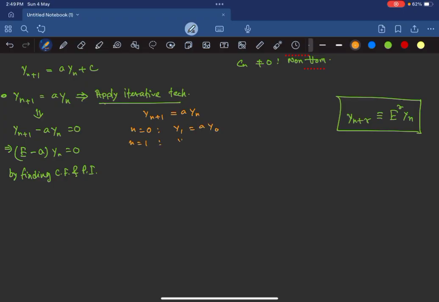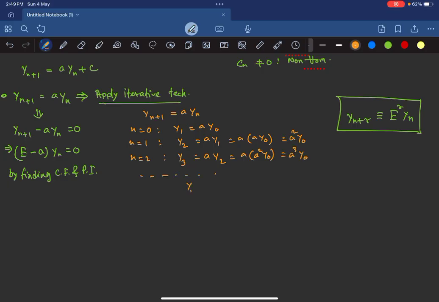Put n equals 1: y_2 = a y_1, that is a^2 y_0. n equals 2: y_3 = a y_2, and y_2 means a^2 y_0 from the previous step, so a^3 y_0, and so on.